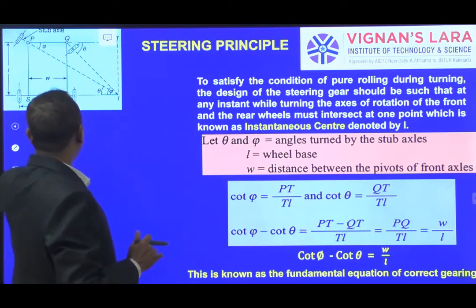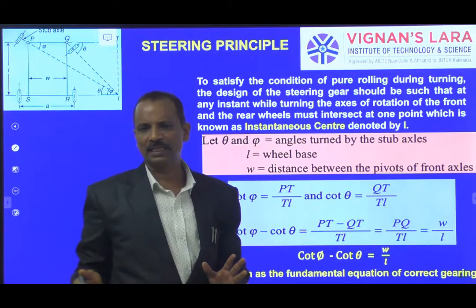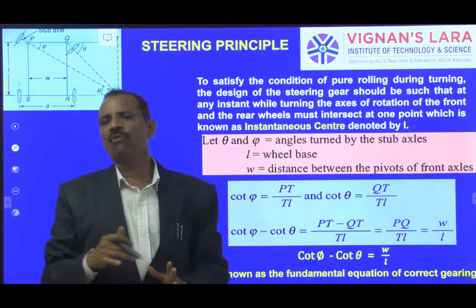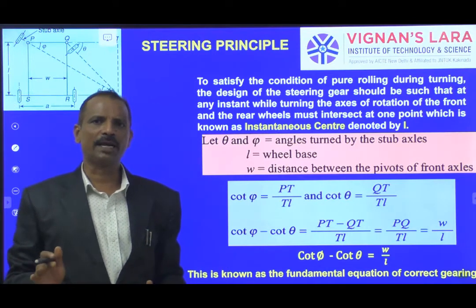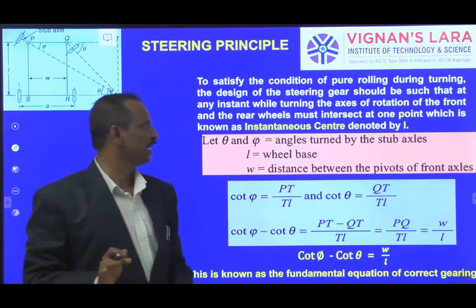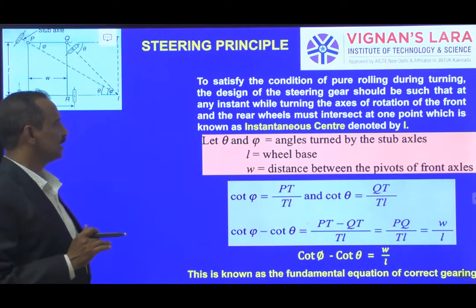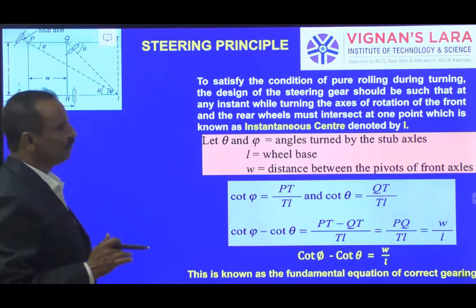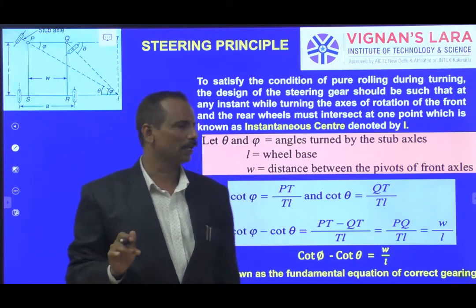To satisfy the condition of pure rolling, as I said earlier, all four wheels will rotate about a center called the I center, where pure rotation takes place. So the steering gear is designed in such a way that all four wheels will revolve about the I center, the instantaneous center.